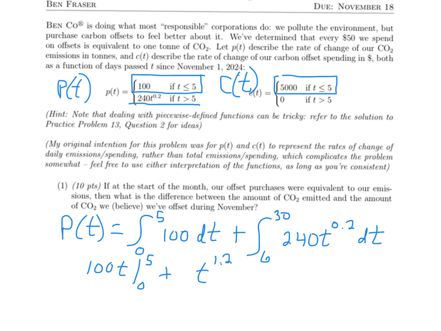And then that would mean 1.2, so we'd have 240 over 1.2, so that would be 200T to the 1.2, and we're going to evaluate that over 6 to 30, okay?